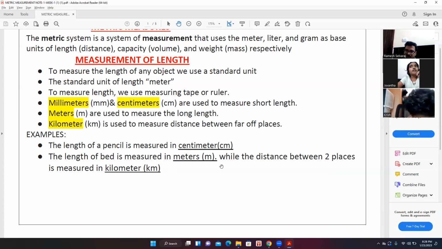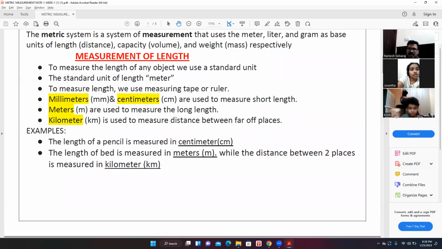Meters are used for examples like sofa, cupboard, etc. Long length. Millimeters and centimeters are used for examples like pencil, scale, and a small notebook, etc. Yeah, correct. Very small things we will measure using millimeter, centimeter, because millimeter, centimeters are used to measure the short length.